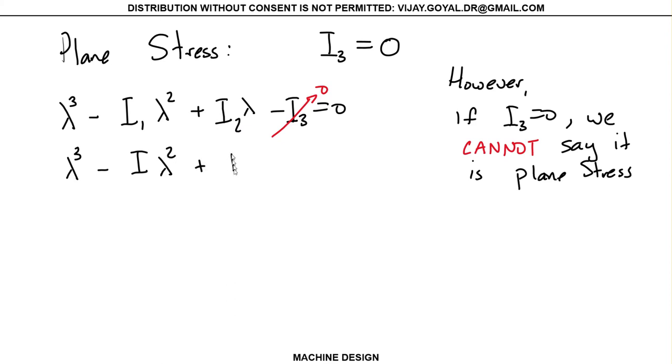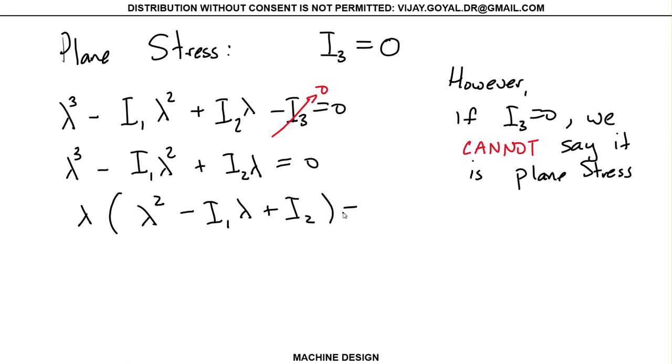Lambda squared, 2 lambda is equal to 0. Or I can factor this lambda out, and you have basically a quadratic equation that's very easy to solve, and you know the solution for that. And you know that immediately one of the roots will be lambda equal to 0, and the other root is going to come from here.